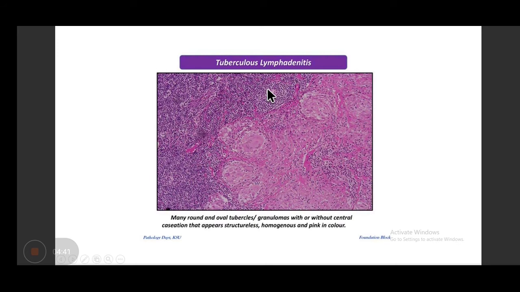Here, lymphocytes are present, but in older granulomas, they may or may not be present. In TB as well, right? So here you can see these lymphocytes, Langhans giant cell, your granulomas with the caseous necrosis, epithelioid cells, and your necrosis is obviously structureless, homogeneous, pink in color, right?